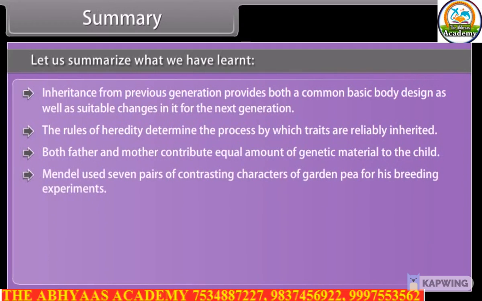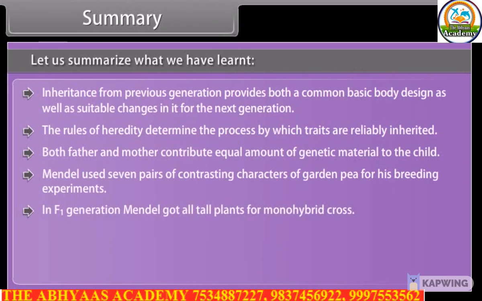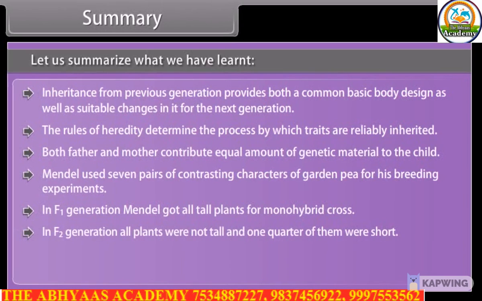Mendel used 7 pairs of contrasting characters of the garden pea for his breeding experiments. In the F1 generation, Mendel got all tall plants for the Monohybrid Cross. In the F2 generation, all plants were not tall, and 1/4 of them were short.